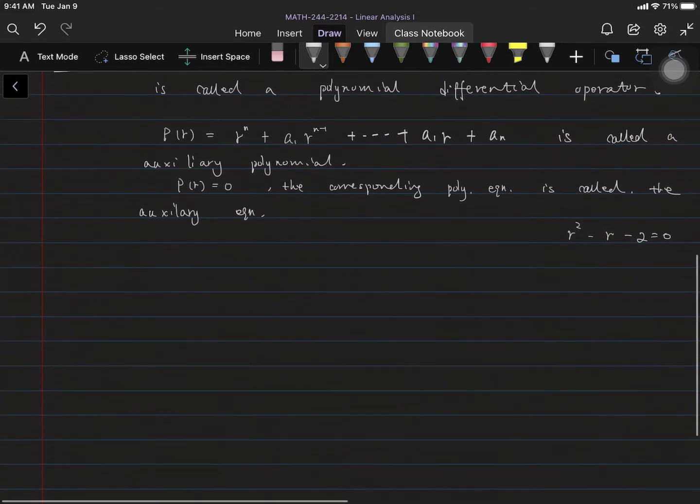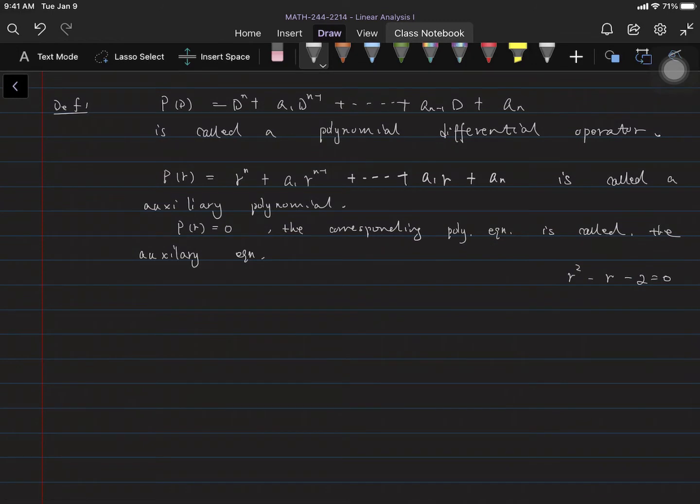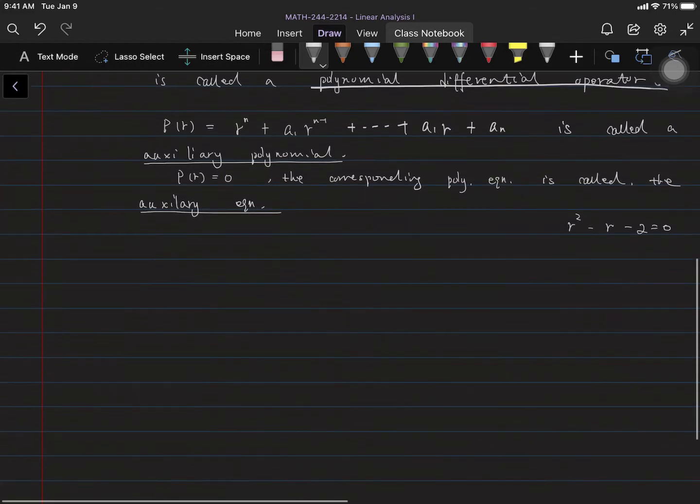Okay, so that's the definition. It's called the polynomial differential operator, the auxiliary polynomial, and the auxiliary equation.